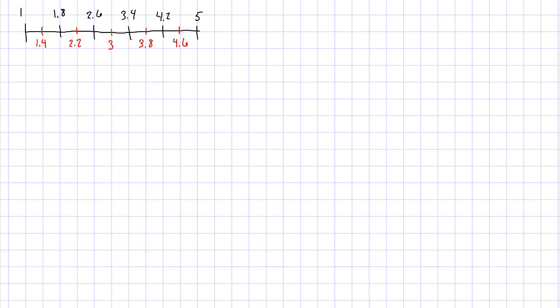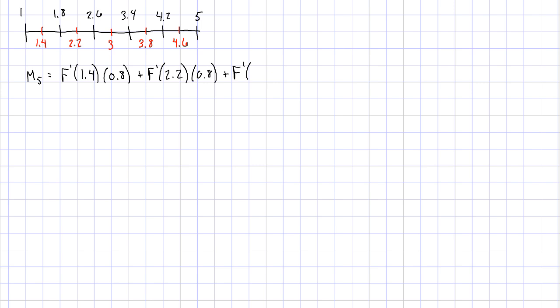And again, I'm going to do exactly the same process as before, but for M. So M5 is going to be the function evaluated at 1.4 times delta x, which is 0.8. The next will be the function evaluated at 2.2 times 0.8.